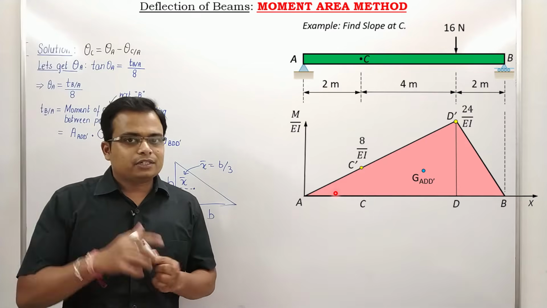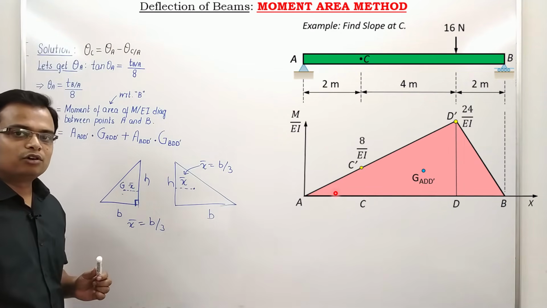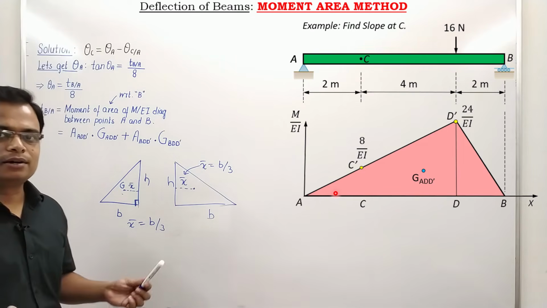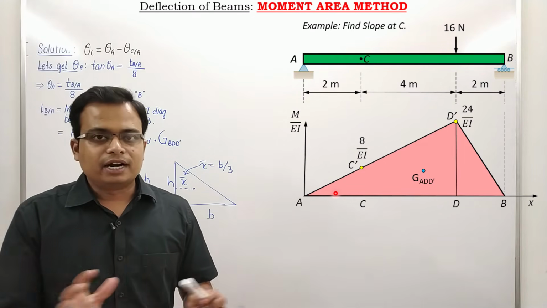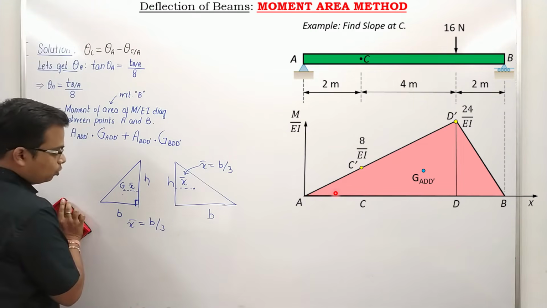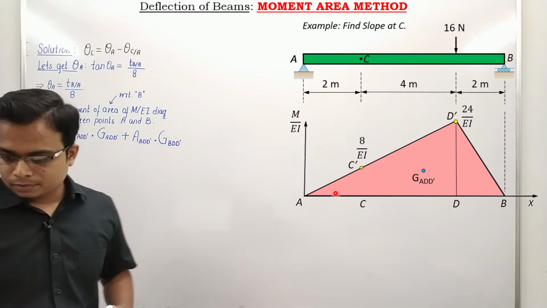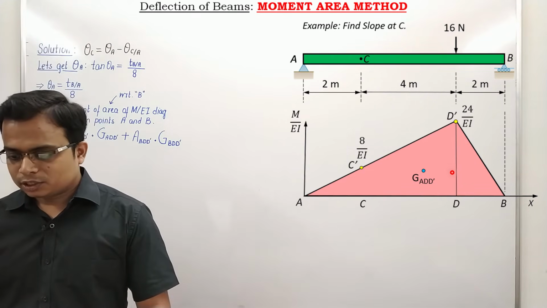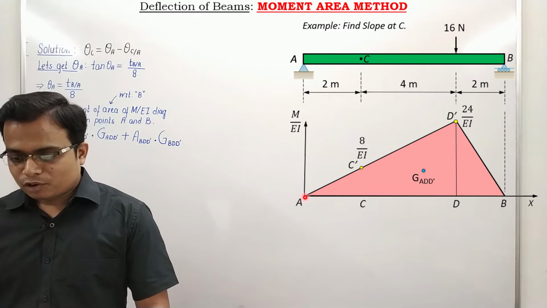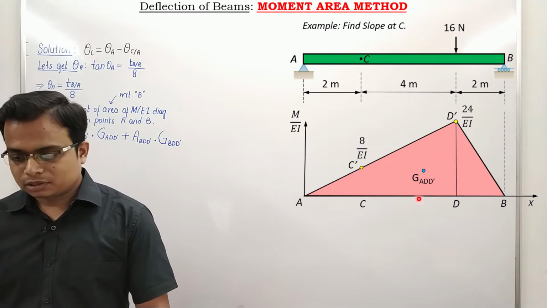In the previous video I explained all the centroids and area calculations of parabola, right angle triangle, and scalene triangle. So there you go, it's B by 3. If I ask you the distance from A to D, it is 4 plus 2, that is 6.